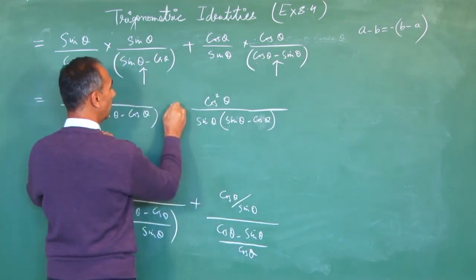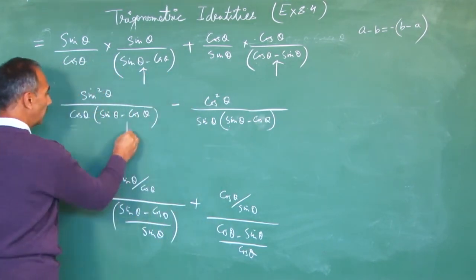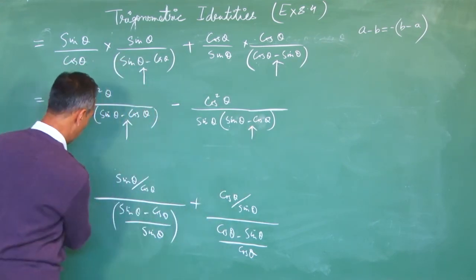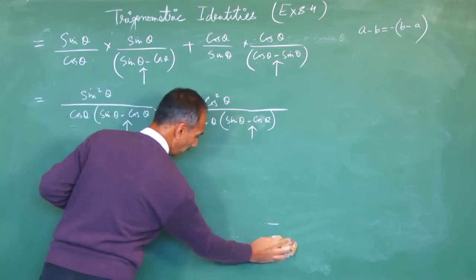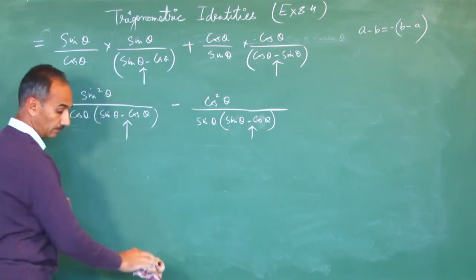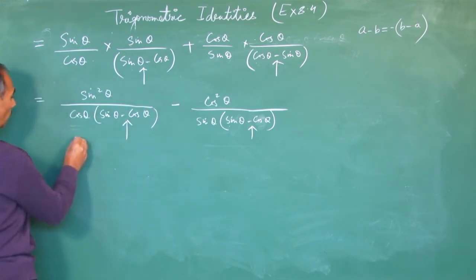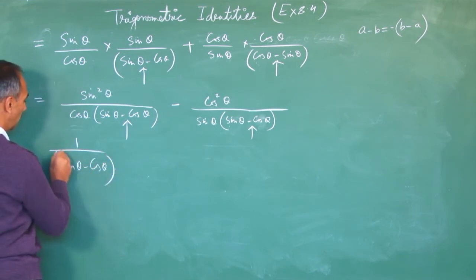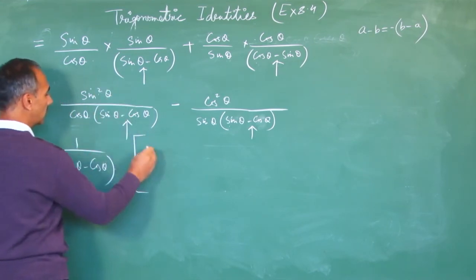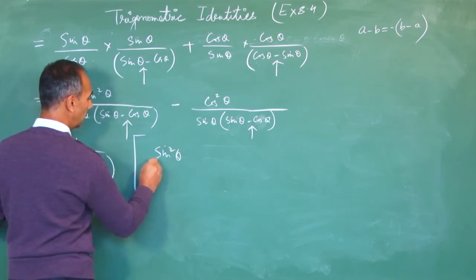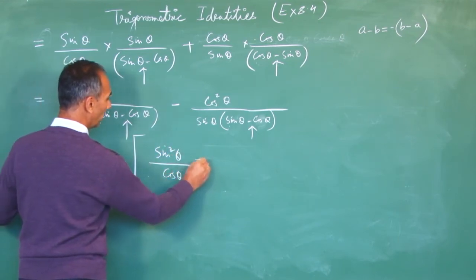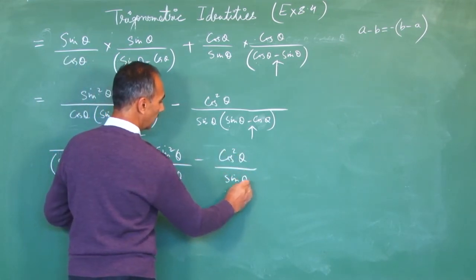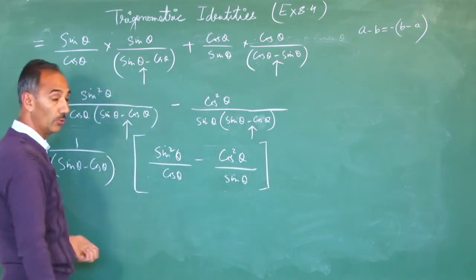That minus will be expressed here, so that we are in a position to take sine minus cos common in the denominator. That means I can take 1 upon sine theta minus cos theta common in the denominator. I am left with sine square theta in the numerator divided by cos theta minus cos square theta upon sine theta. It's a big sum, my dear friends, worth 4 marks.